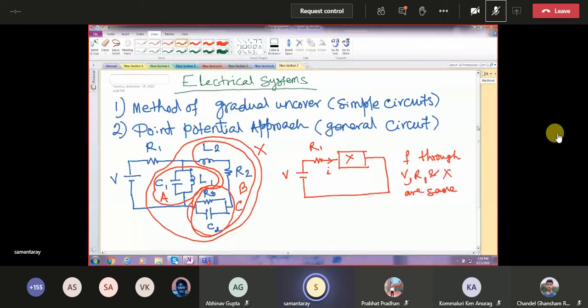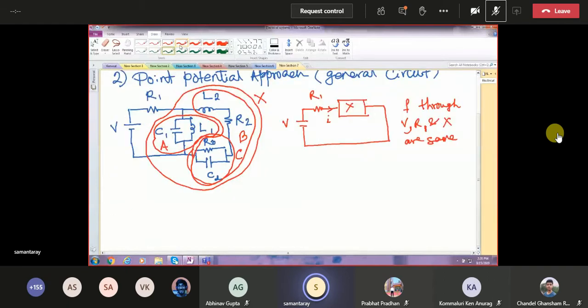Flows are the same means one junction. So I select one junction. I have a source of effort, one junction to which we have a resistance connected, that is R1, and we have this X connected. That's it.